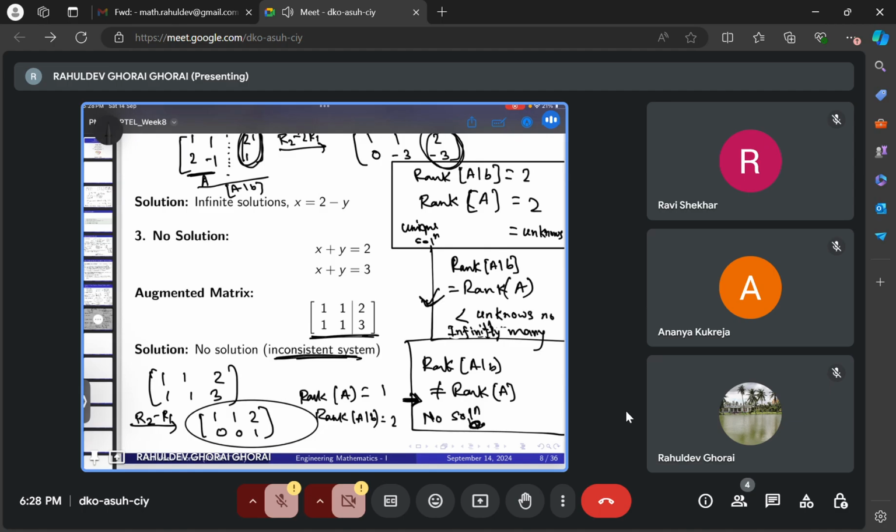First, let me know whether you have understood this fully. Then there are some examples from your assignment, which you can do easily. I'll give you some time, you do them, and then we will review.